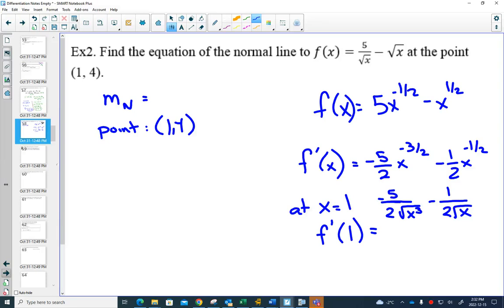Because once you change it back to square root, then it's a little bit easier to plug in 1. Because here I'm going to get 1 cubed, which is 1, and then square root it, which will still be 1. So I will get -5/2 minus 1/2, which is -6/2, which equals -3. And this is the slope of my tangent.